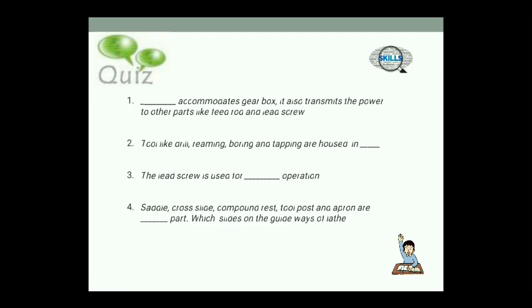I hope you got the right answer. The first one is headstock. The second one is tailstock. The third one is threading operation. The fourth one is carriage.